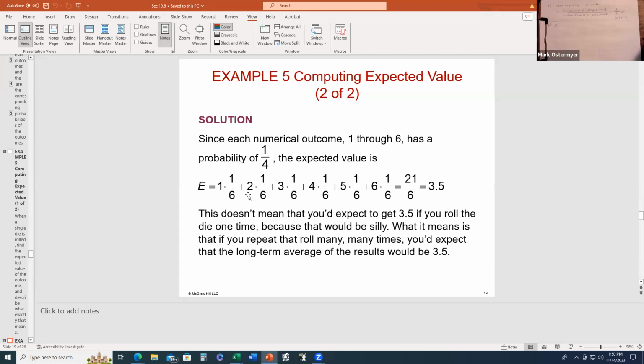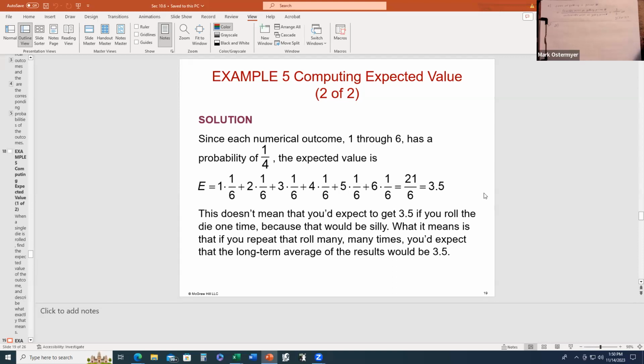Plus, we could roll a 2 times the probability of its occurrence is 1/6. Plus 3 times 1/6, plus 4 times 1/6, plus 5 times 1/6, plus 6 times 1/6. We would say the expected value that is rolled on this die, if you were to roll this die over many, many trials, the average face that we would roll on this die would be 3.5.